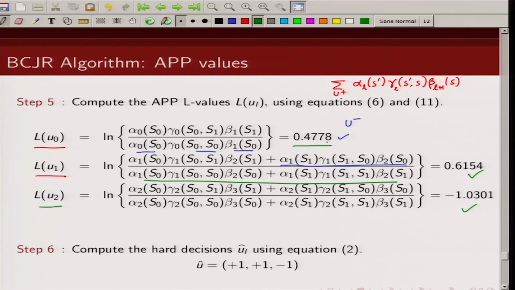So, this is 0.4778, which is greater than 0, so we decide in favor of plus 1. This is greater than 0, so we decide in favor of plus 1, and this one is less than 0, so we decide in favor of minus 1. So, the final decoded bits are plus 1, plus 1 and minus 1.